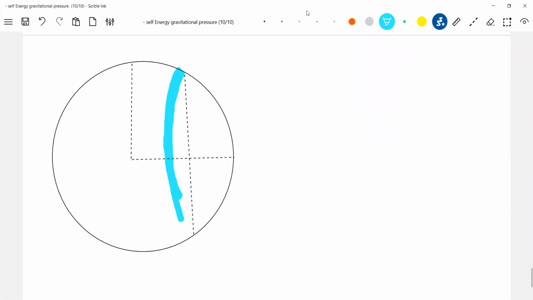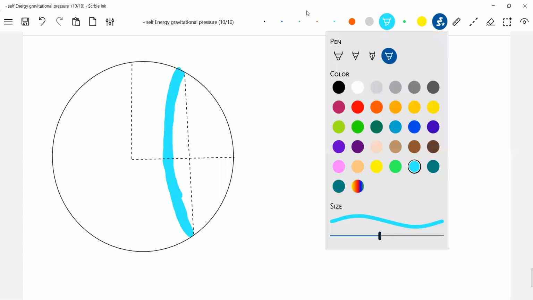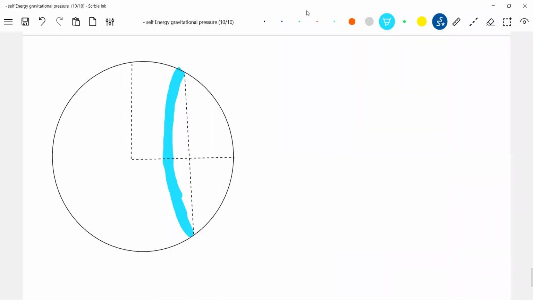I didn't draw properly. Okay, I'm asking you to assume a ring like this. This will subtend, let this be theta, d theta. Let this be dx.